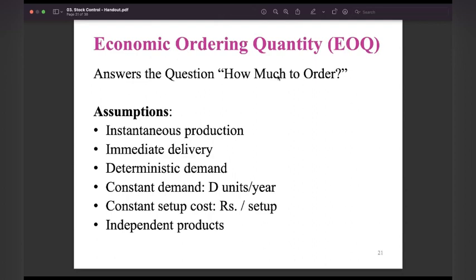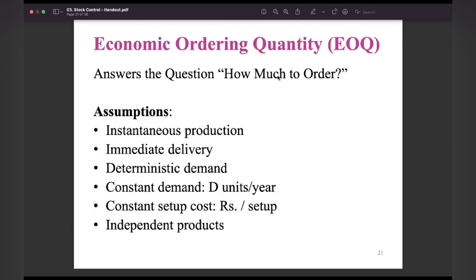Or else, if you are vaguely ordering stuff, sometimes that might not be enough. Sometimes there might be too much. Therefore, you need to do computations and find out how much you need to order. If you are making a few orders in a year, for each order, how much you should order. Likewise, these things you have to decide in inventory or stock control.